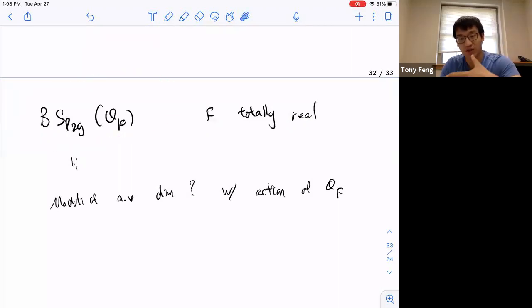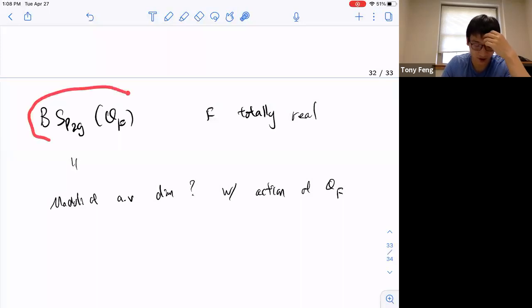Very similar statements should be true. I think at some point we wrote down, without thinking about how to prove it, what the statement should be. When F is totally real, there exists such a thing. When it's not totally real, there isn't.